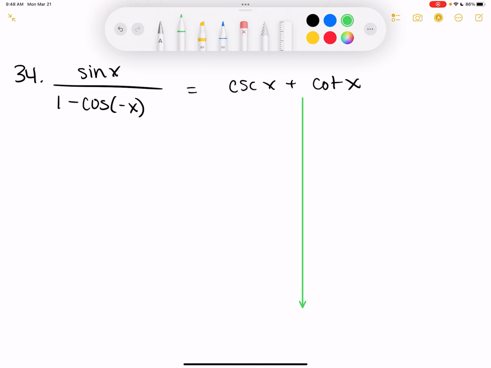Give you about 1 more minute. I'll write the first step for you. Wow.